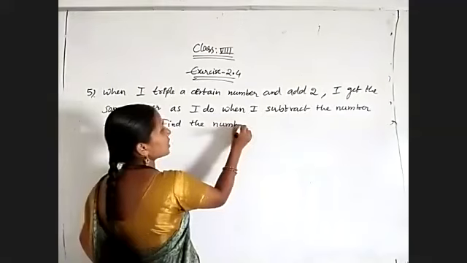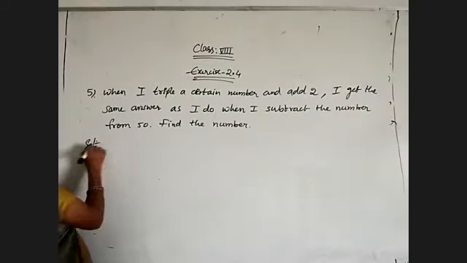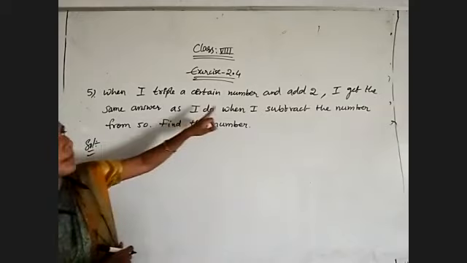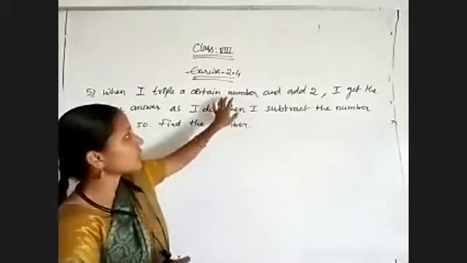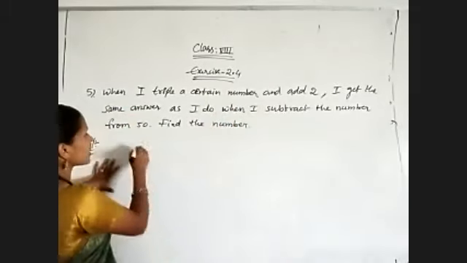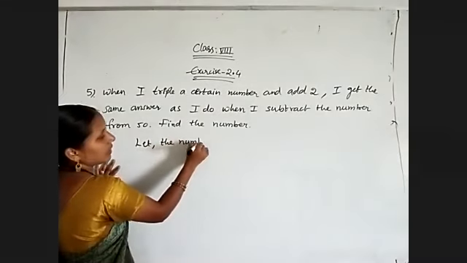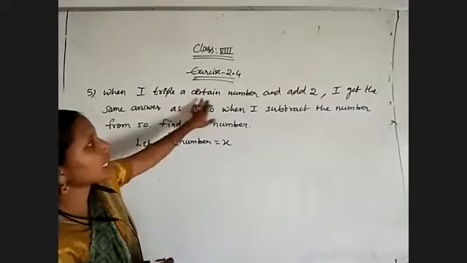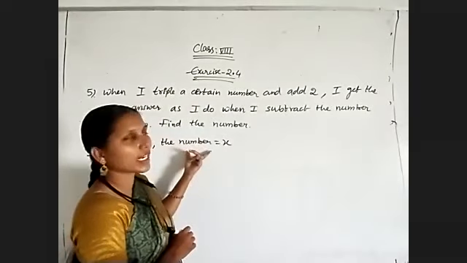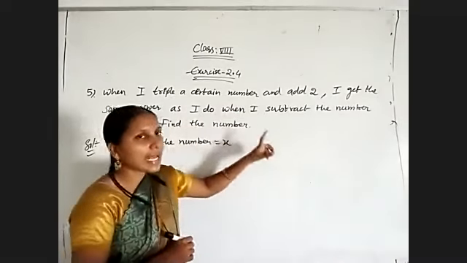Okay, observe the question. When I triple a certain number and add 2. First of all, let the required number be equal to x. When I triple a certain number, that number I have taken as x. Triple is nothing but 3 times, 3x, and add 2.